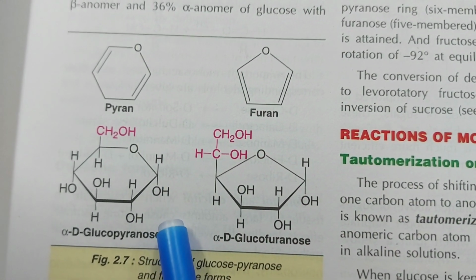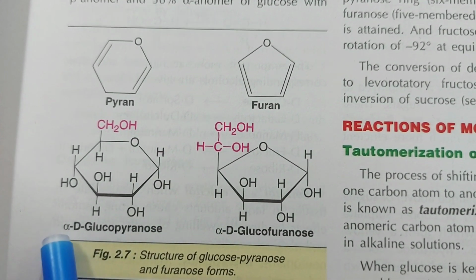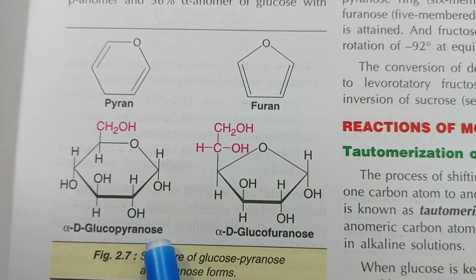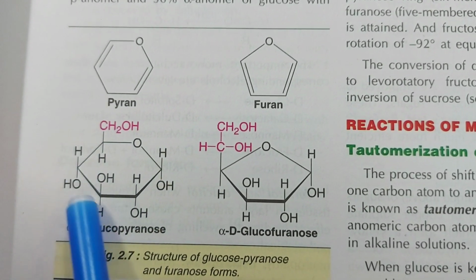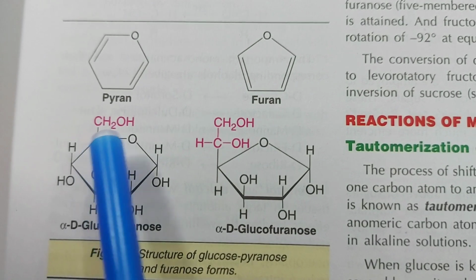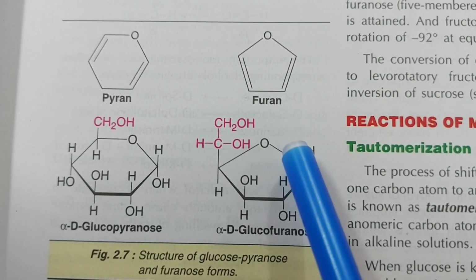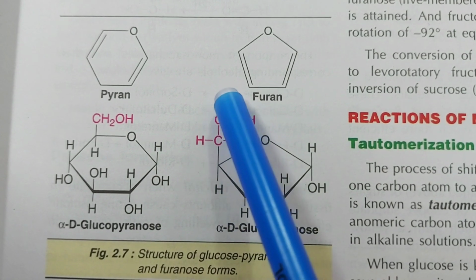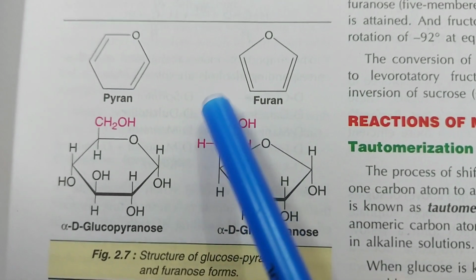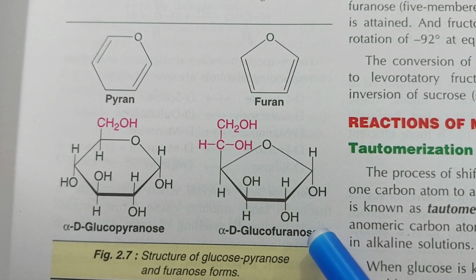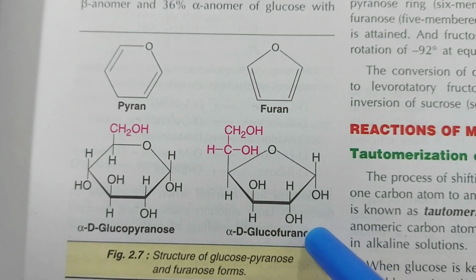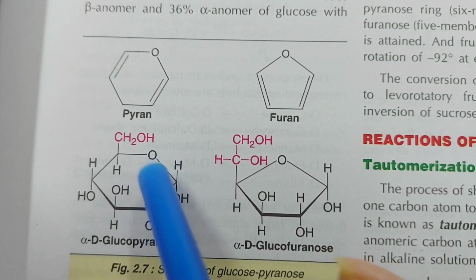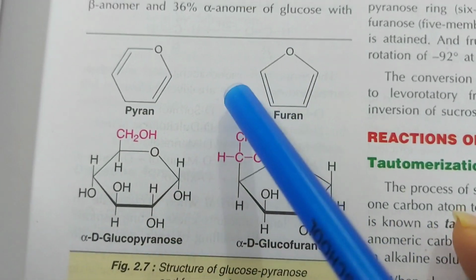So D-glucose forms D-glucopyranose like this, and if it has 4 carbons and this side chain, then it is known as D-glucofuranose. So this is one structure of glucose, the cyclic structure.